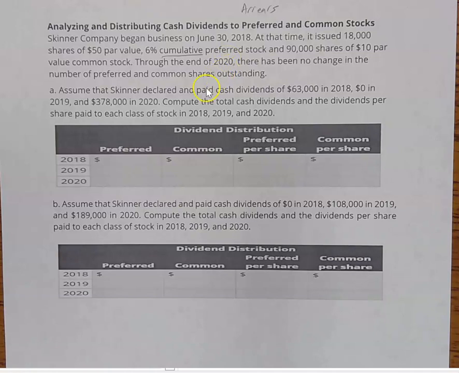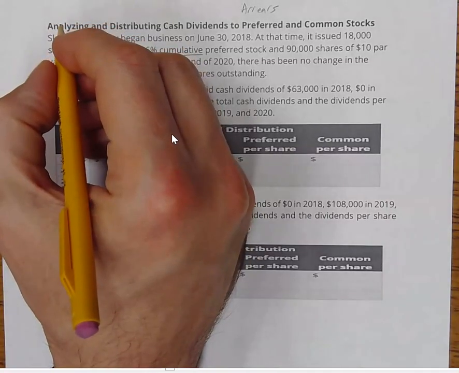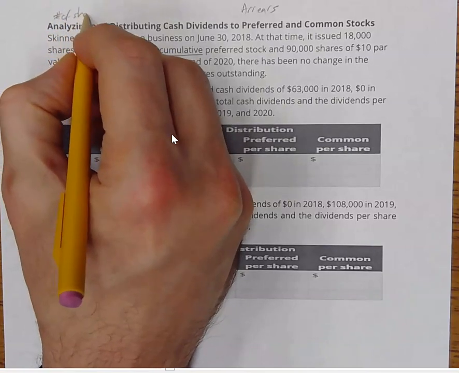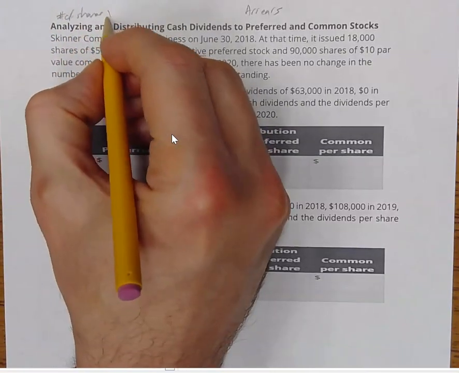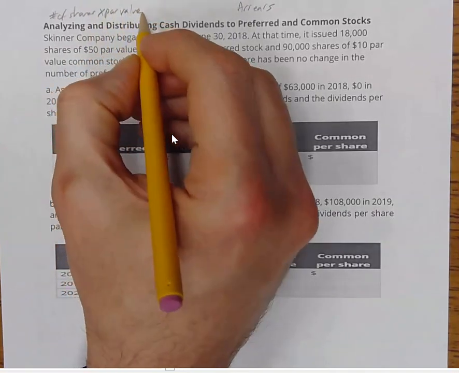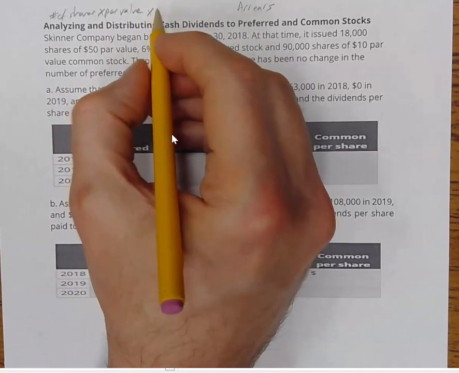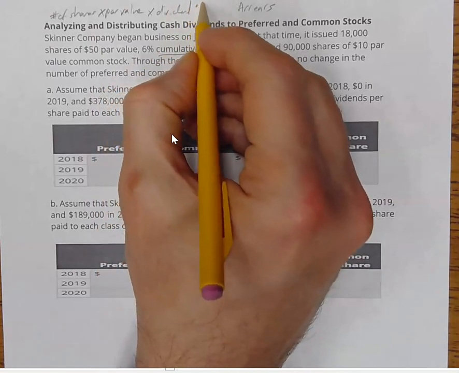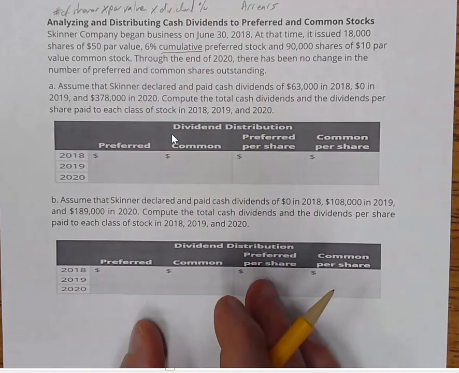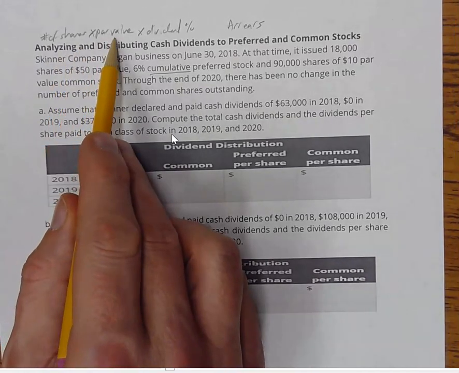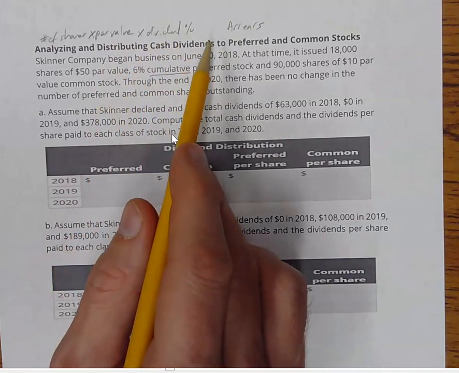Okay, and so that formula that we're going to want to use, and this could actually be written a couple of different ways, is number of shares times par value per share times dividend percentage. So that's number of shares times par value times dividend percentage. And we have all of that information.